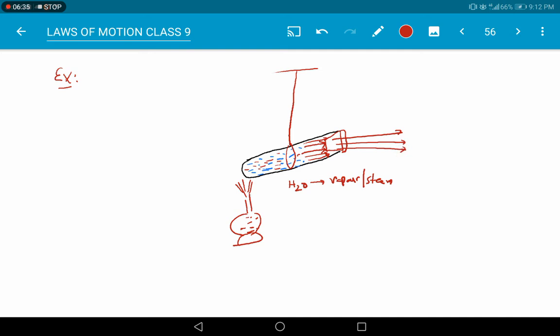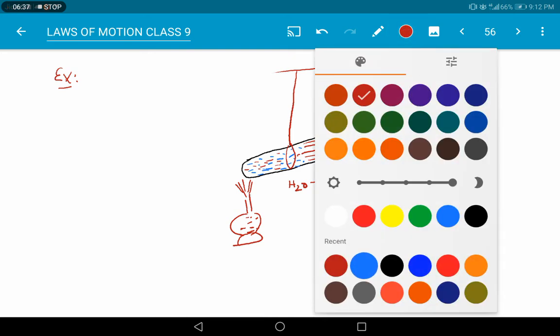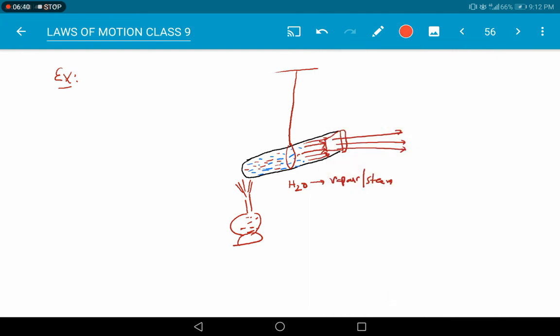Once the cork moves forward, we can expect the motion of the test tube in the backward direction. So here the action is the force exerted by the steam on the rubber cork, and the rubber cork also exerts some force on the test tube. This is a simple activity given to show action and reaction.